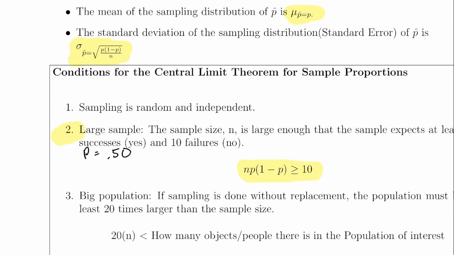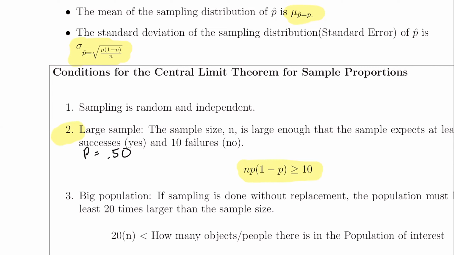Well, if p is 0.50, is that something that happens every once in a while, or something you have to wait a long time for? Every once in a while, half the time, right? Yeah, half the time. So it should happen very regularly, correct?